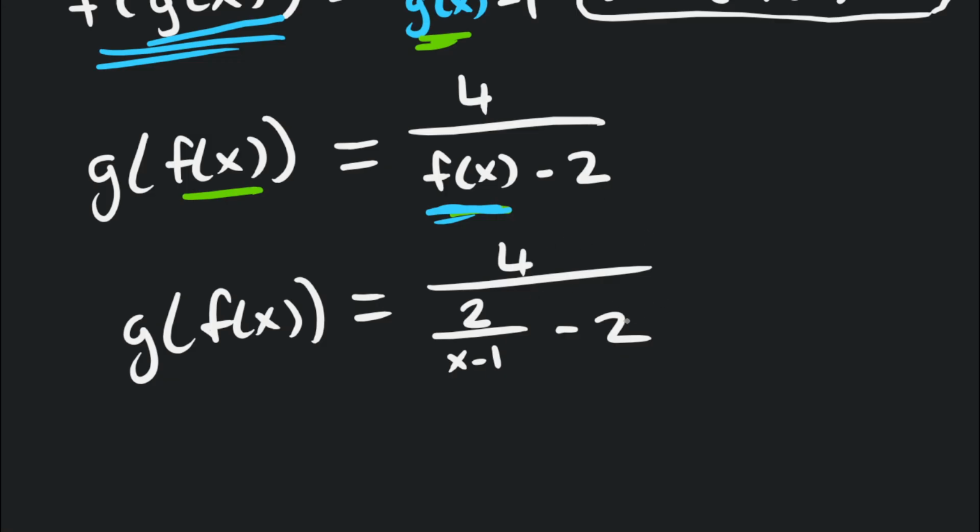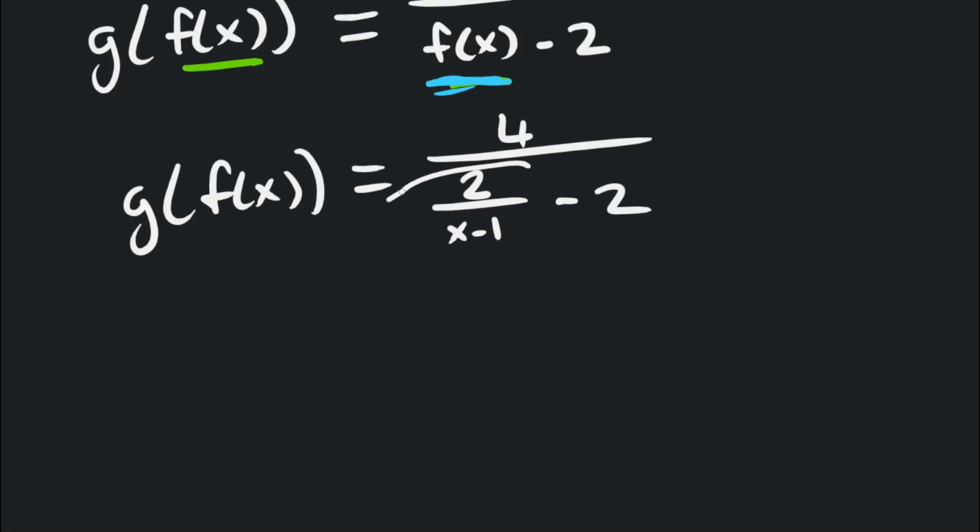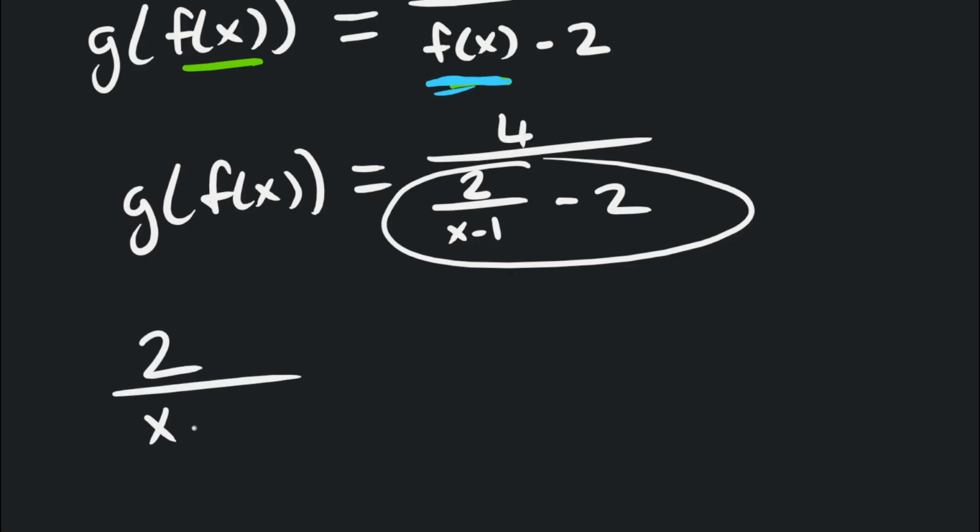So now what we're going to do is find the domain of this function based on its formula. And we know that the entire denominator right here cannot equal 0, so 2 over x minus 1 minus 2 cannot equal 0.